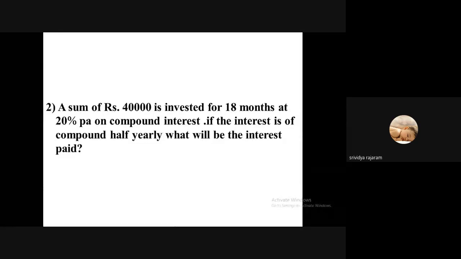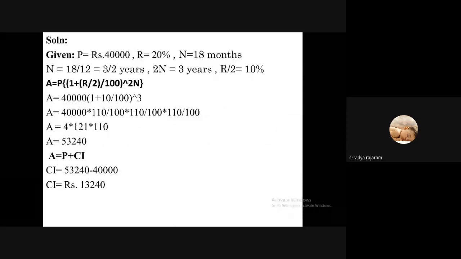So what we'll do, 18 by 12, so that we'll get n in terms of years. The rate is given as 20% per annum. They are asking us to find half yearly compound interest. So first convert this n in terms of years.